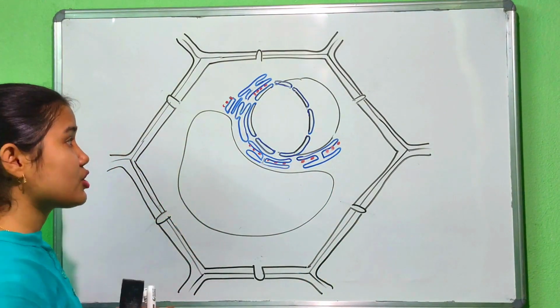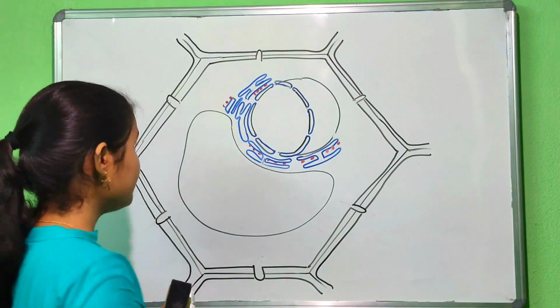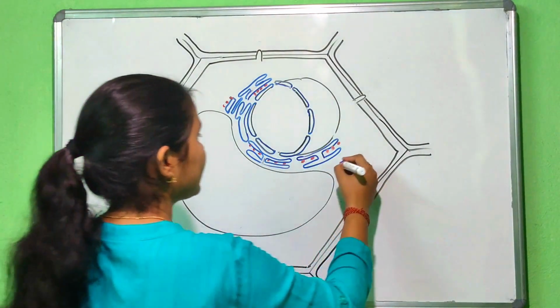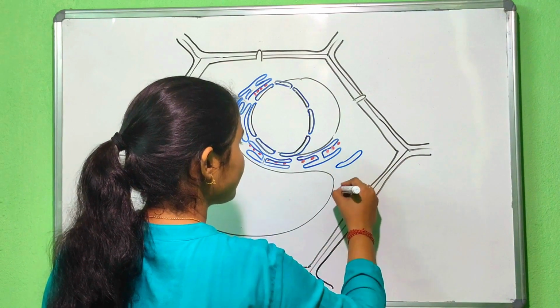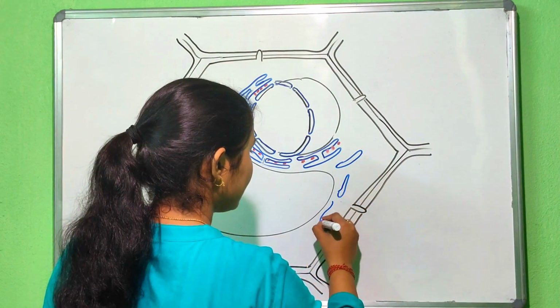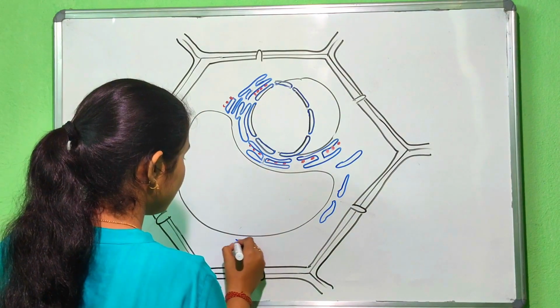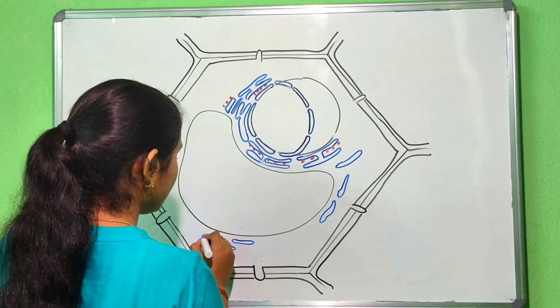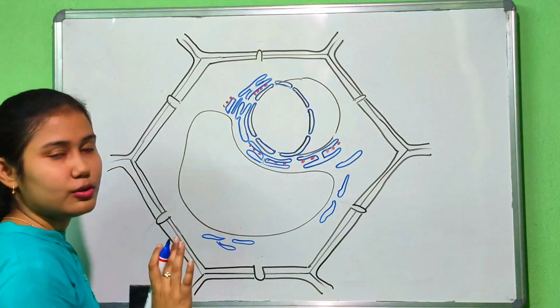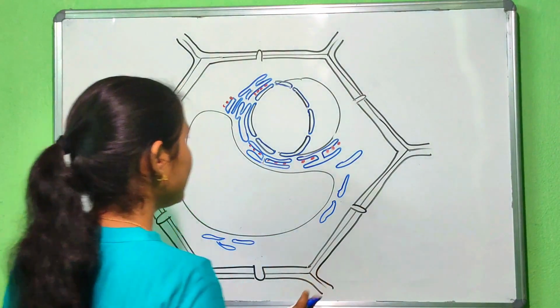Clear? Now let's draw the smooth endoplasmic reticulum. The smooth endoplasmic reticulum is devoid of any ribosome. Clear? These are some smooth endoplasmic reticulum. There are no ribosomes present on it. Okay.